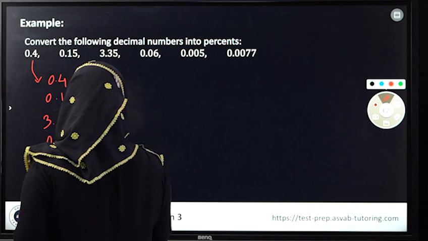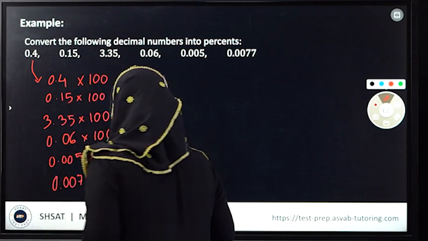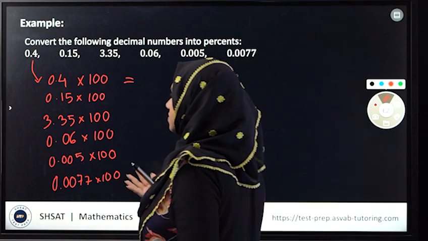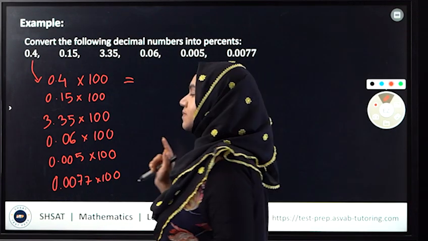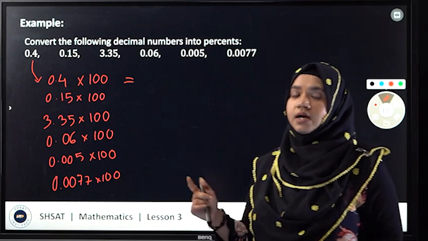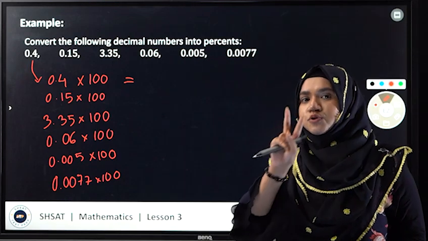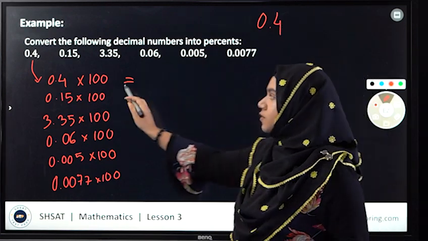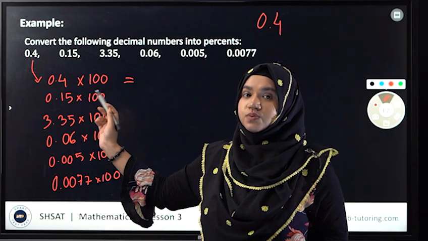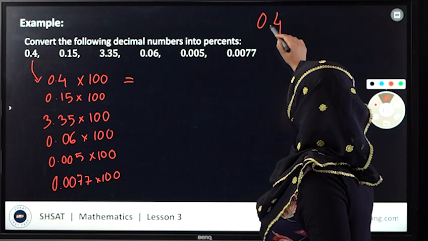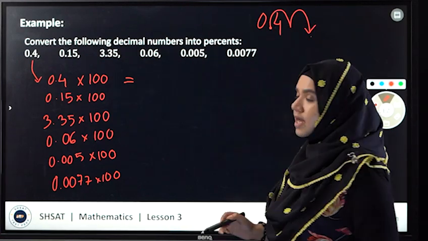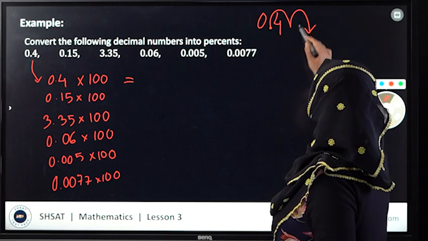Okay, so now what? Because we're multiplying by 100, and 100 has how many zeros? It has 2 zeros. This means that the decimal point is going to move 2 places to the right. Because we have 0.4 here, with 2 zeros the decimal point is going to go 2 units to the right. Now, if you see here properly, there's a missing gap.